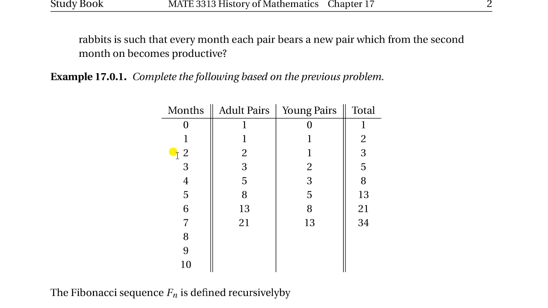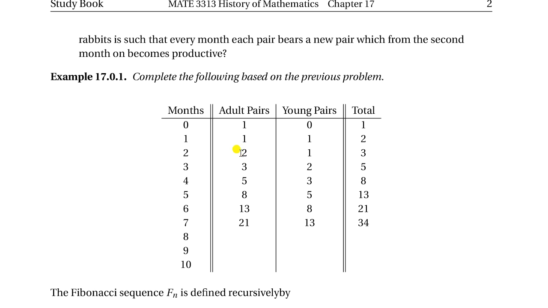The next month, this young pair of rabbits becomes adults, but they only just grow up. They don't have any babies yet. But the original adult pair should have one pair of babies. So in total there are two pairs of adults and a pair of young rabbits, so altogether it's three.